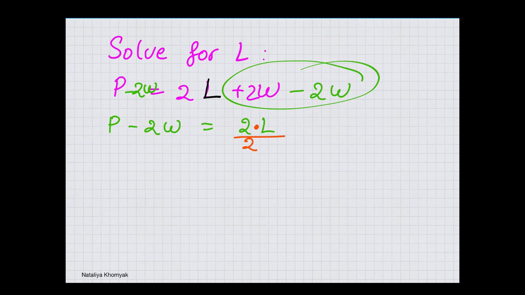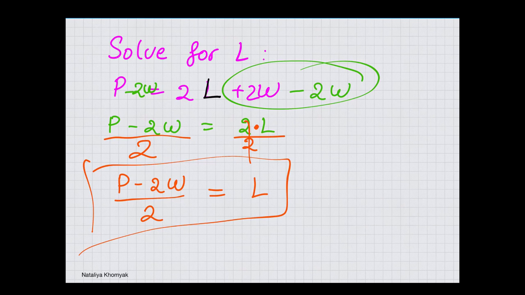Whatever you do to one side of the equal sign, you want to do the same to the other side. This cancels into 1, and we have P minus 2W out of 2 equals L. And this is our solution. But you might see L equals P minus 2W out of 2, which is also a correct answer.